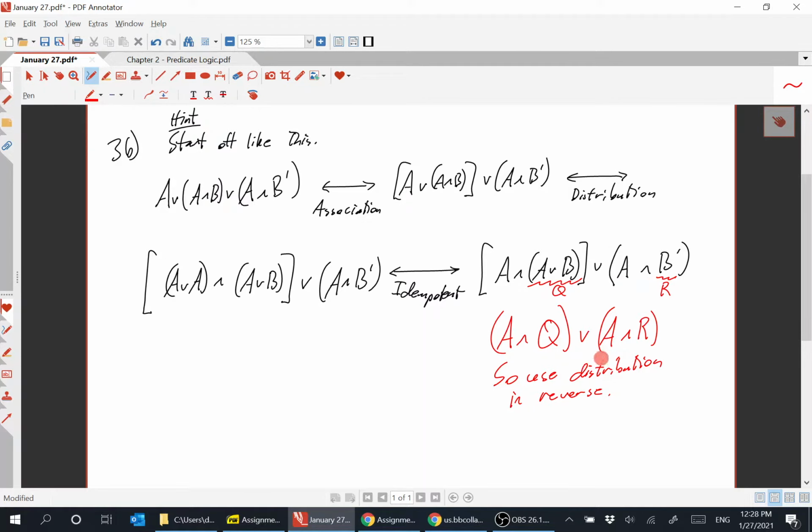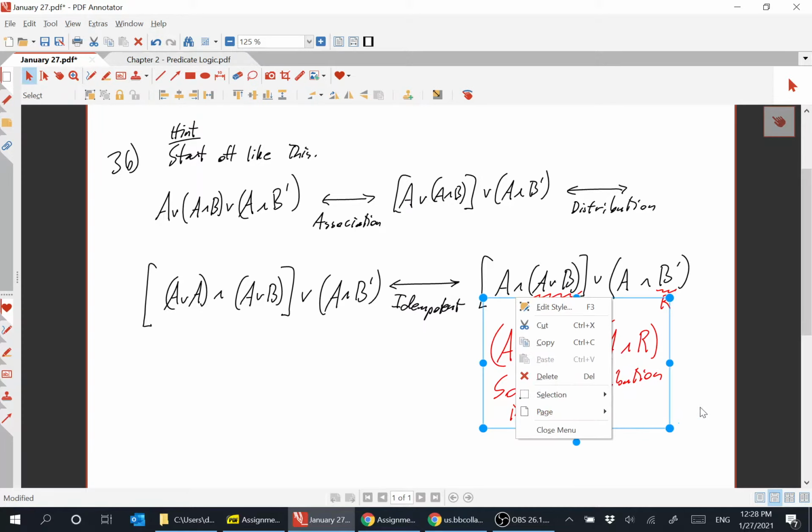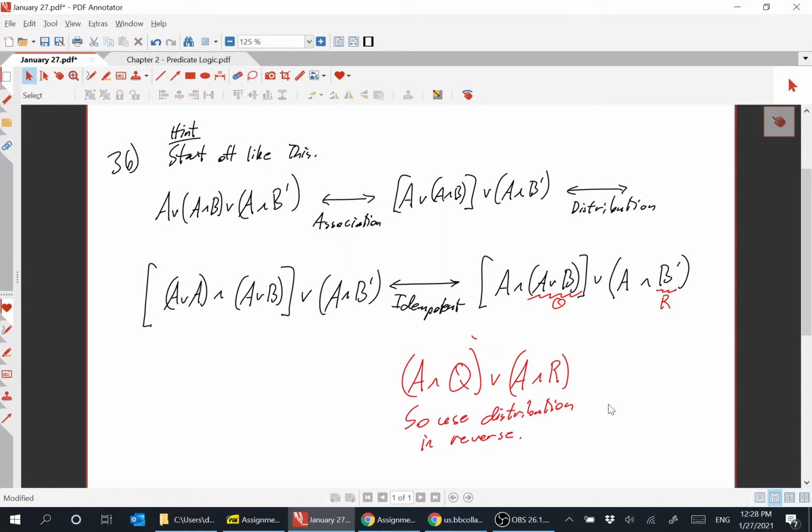Now, when you use distribution on that, this becomes A and Q or R, like that.